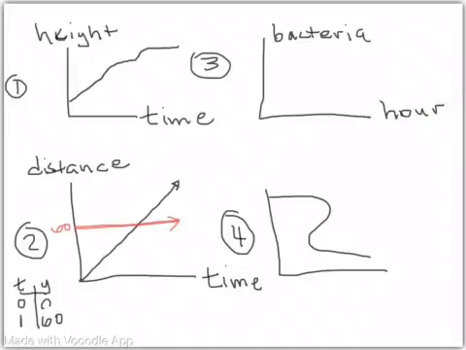Question number 3 is bacteria which doubled every hour. This is the same problem as our zombie problem, our same problem as our paper cuts problem. If something is doubling every hour, and I have my x and my y, where y is my number of bacteria, in my first hour, 1 times 2 is 2.